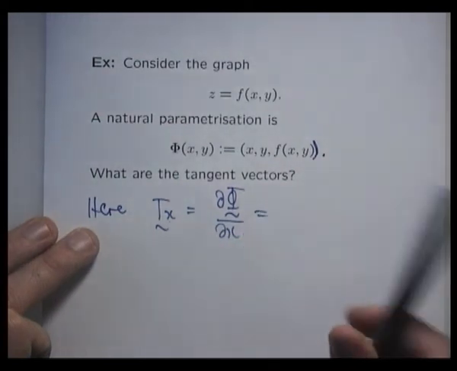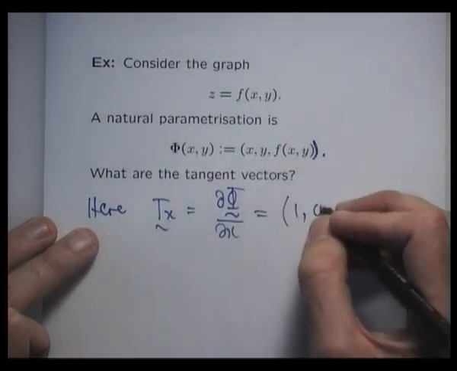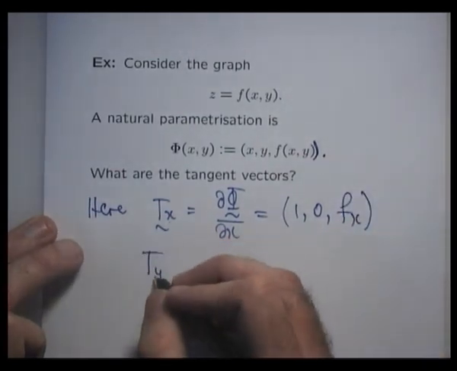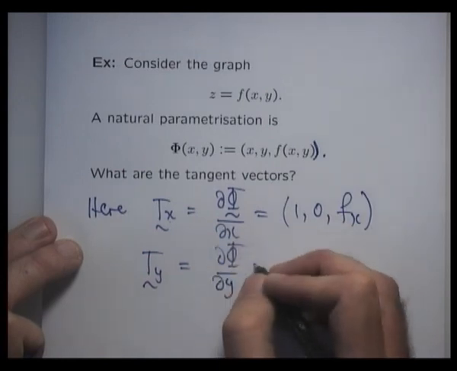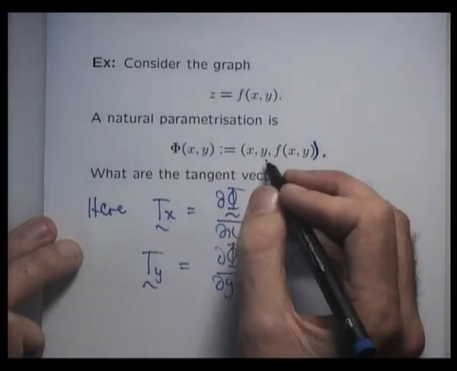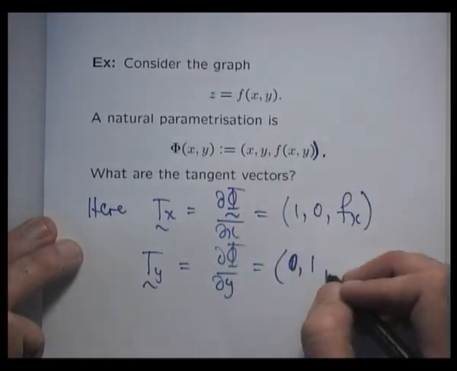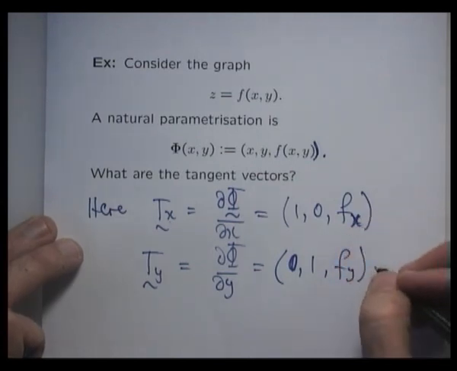So we differentiate in a component-wise fashion, here with respect to x, and then with respect to y. So we're going to get 0, 1, and then f sub y, where by subscripts, of course, I mean the partial derivatives.